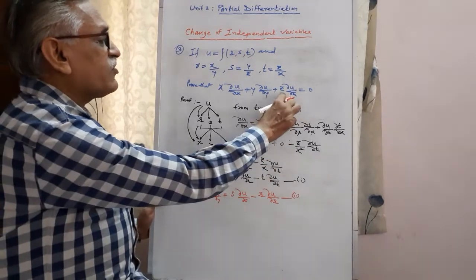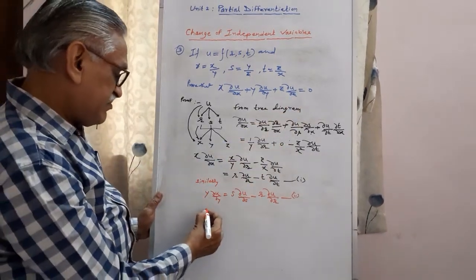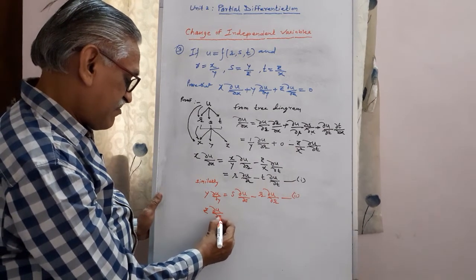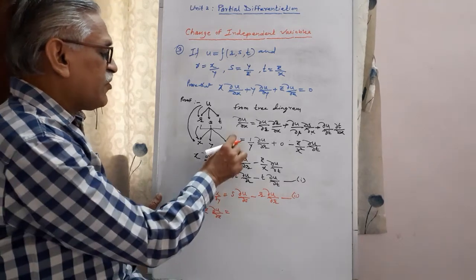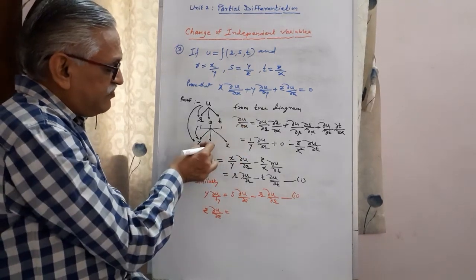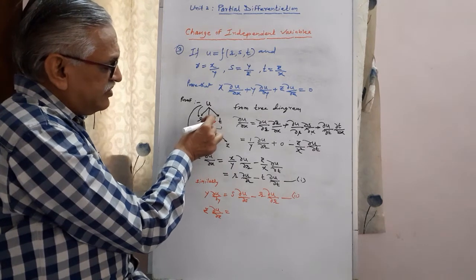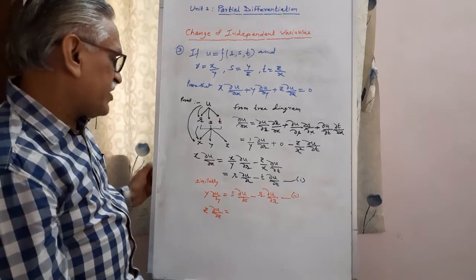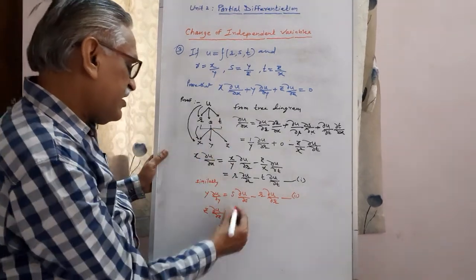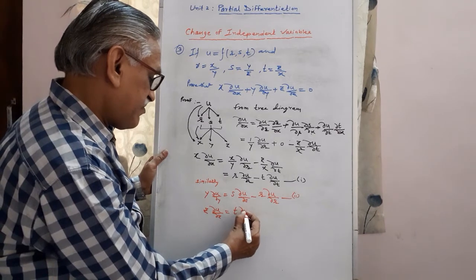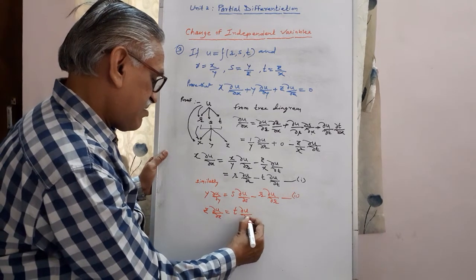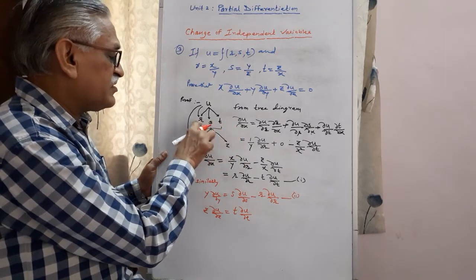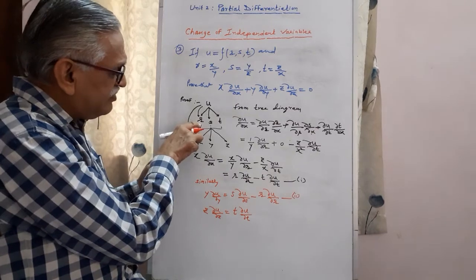Then we require to find the third one. It is z ∂u/∂z, corresponding to z, t is there. Then the second term is r, that must be 0, and then the third with s with a negative sign, and therefore we get t ∂u/∂t, t into ∂u/∂t. The second is r.